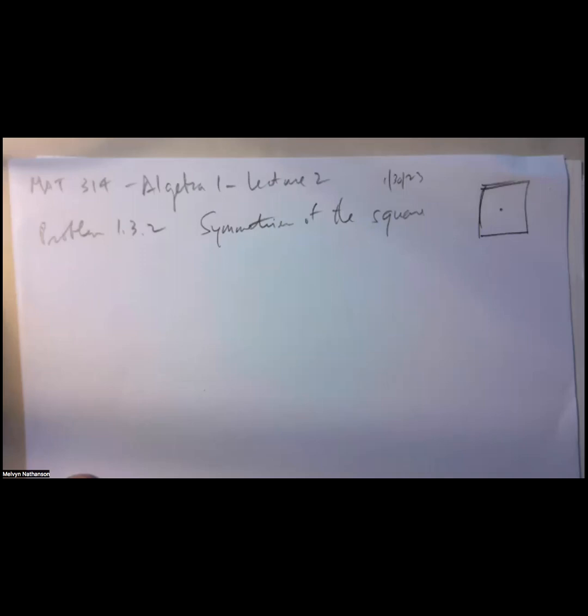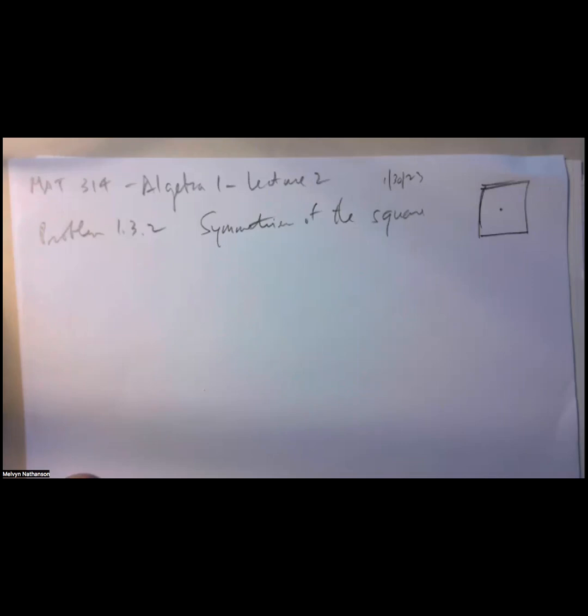So let me just see where, yeah, I just want to find how they label them exactly. Yes. So symmetries of the square. So A is a rotation through the center parallel to the sides. B is a rotation through the center parallel to the top and the bottom.